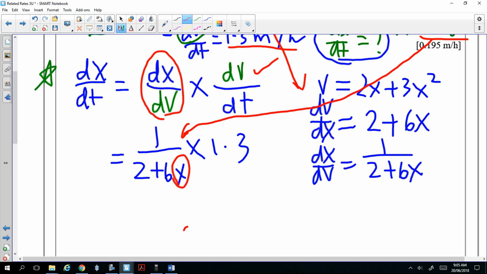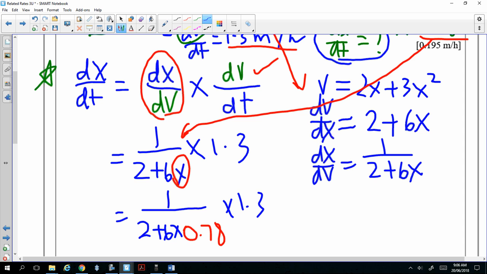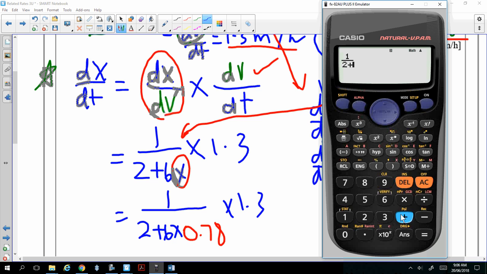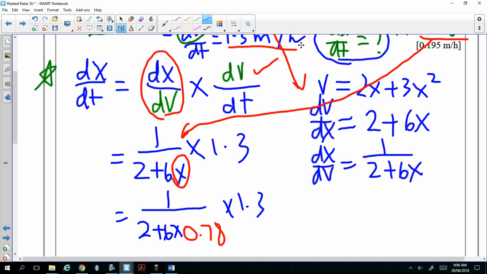So we substitute 1 over 2 plus 6 times 0.78, times 1.3. Let's use our calculator. You type in a fraction, 1 over 2 plus 6 times 0.78, times 1.3. 0.1946. Okay, so just correct to 3 decimal places.